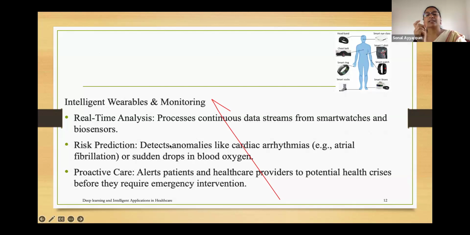Within that time, if he is not moving, the wearable device will directly communicate to the emergency number linked to it. It may be a hospital, a guardian, a family member or whoever it is. In that emergency, the person will be informed about the patient not being well. So that is the way things are going on.